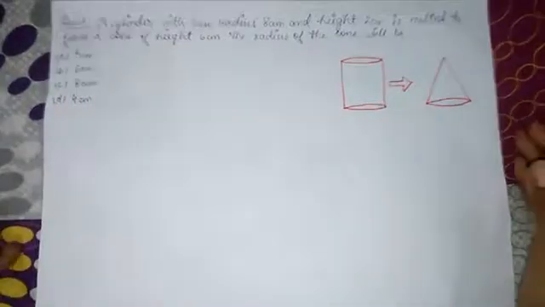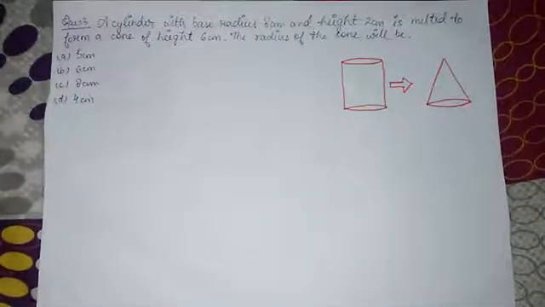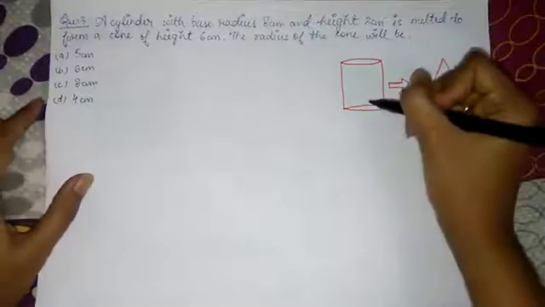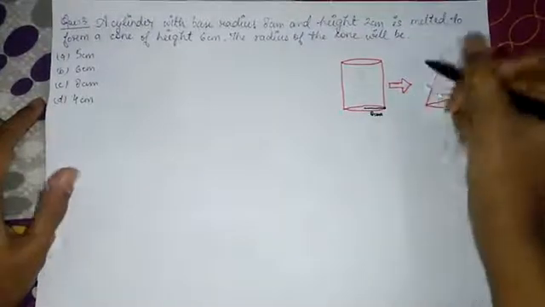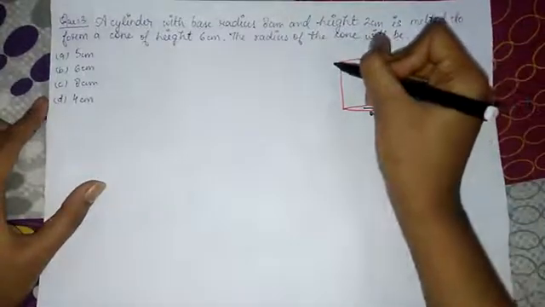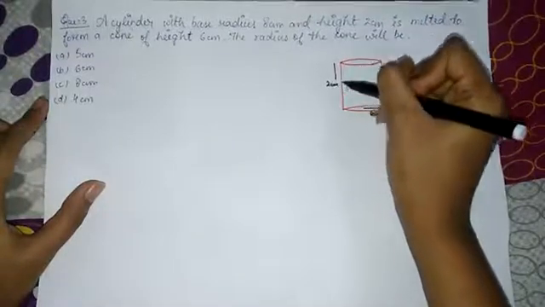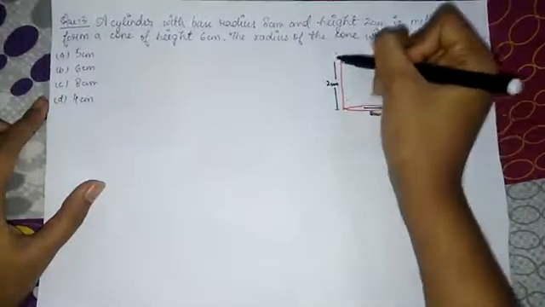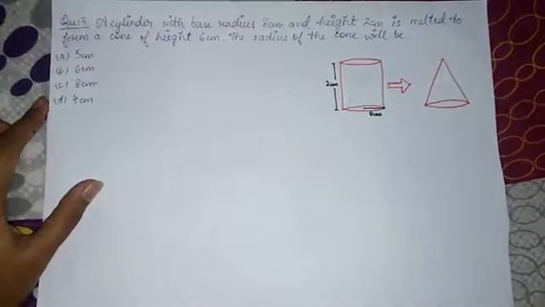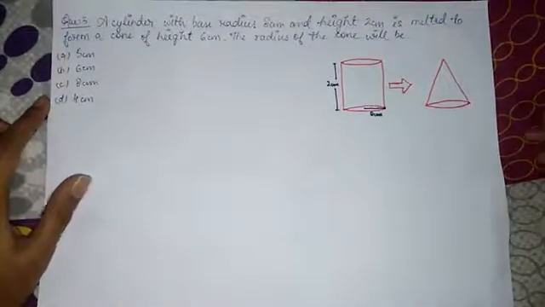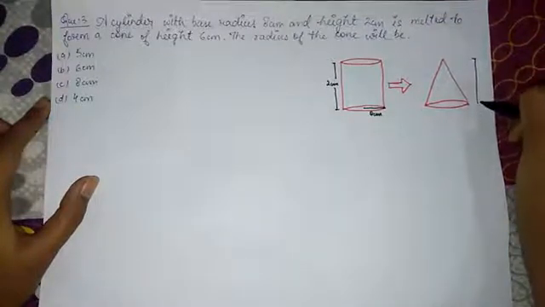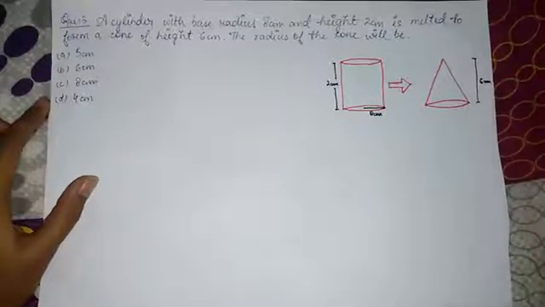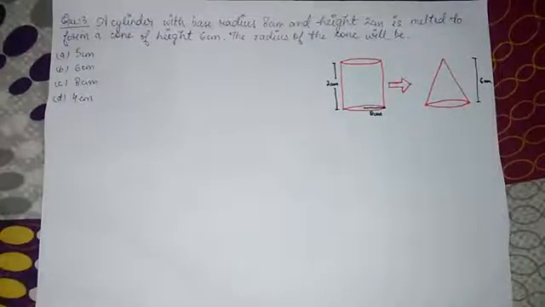It is given that the radius of this cylinder is 8 cm and its height is 2 cm. Also we are given the height of the cone. It is 6 cm. Alright, this is the figure.